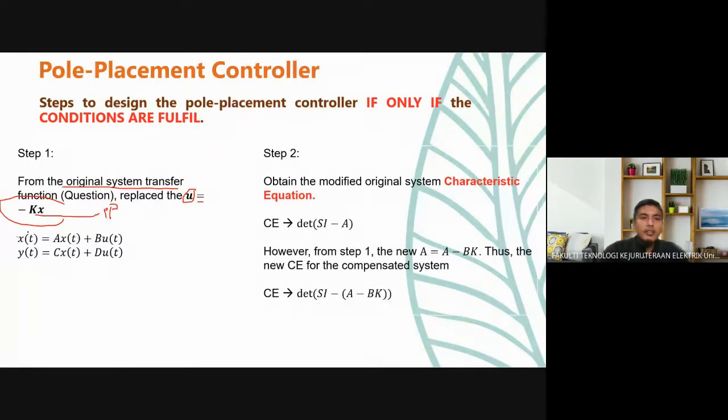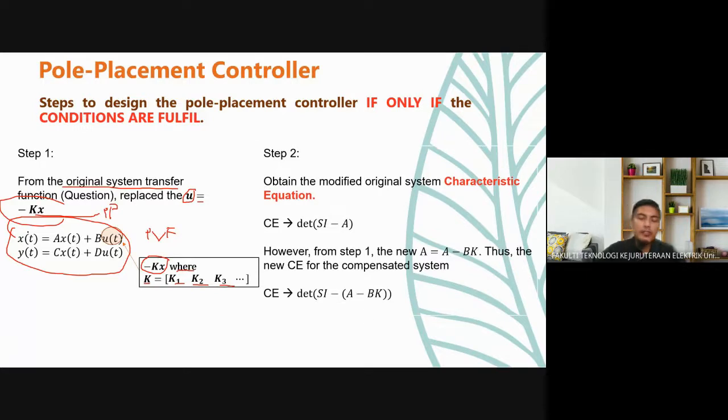So let's say this is your original state space in phase variable form. What you need to do is replace u with negative Kx, where K equals K1, K2, K3 depending on the order of the system. Let's say for a third order system, you need to have 3 Ks. If you have a second order system, you need to have 2 Ks and so on.